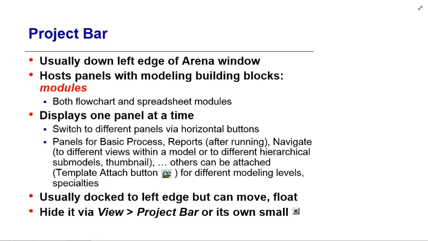So if you were to click on attribute or entity, queue, or resource, variable, schedule, any of those, you'll see a spreadsheet pop up in the lower window on the main screen. Okay, so again, the basic part of this thing is you've got the flowchart modules up above and in your left-hand toolbar, and the spreadsheet modules down below.